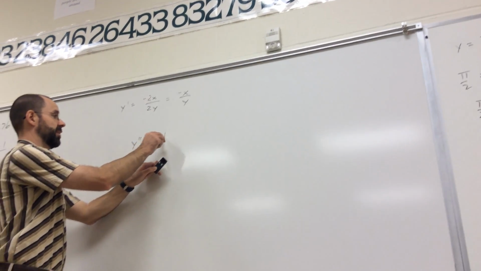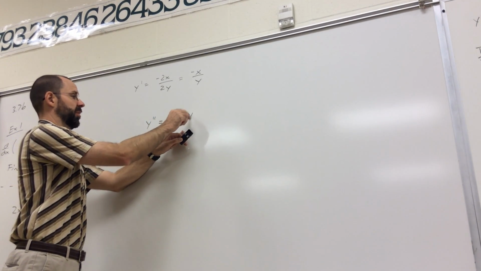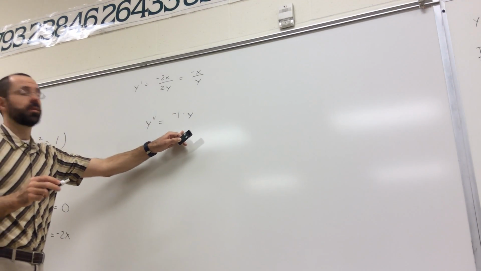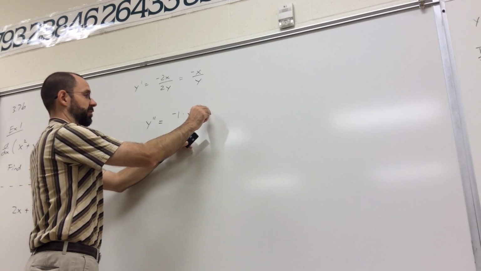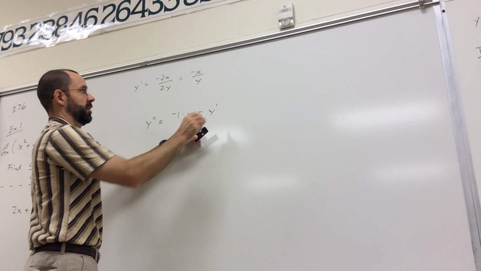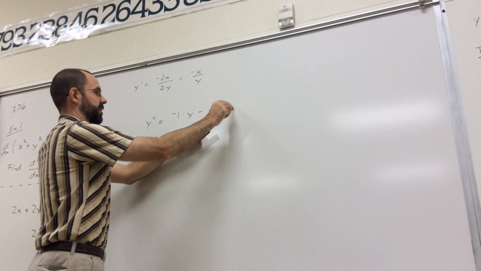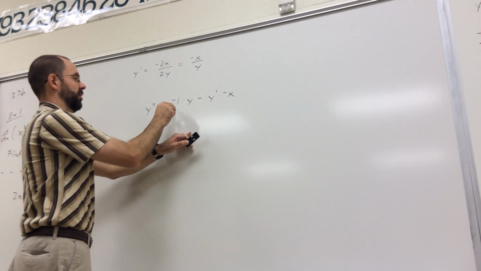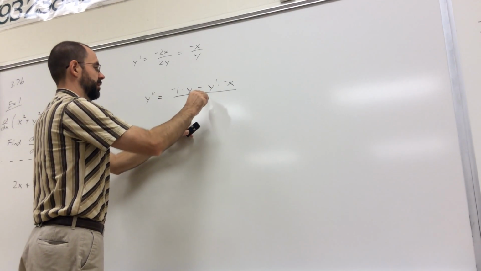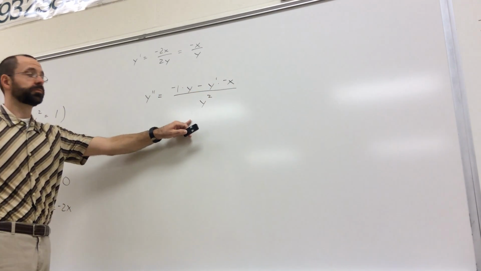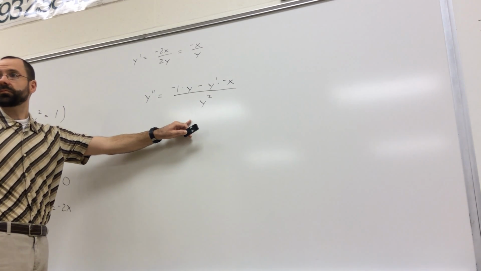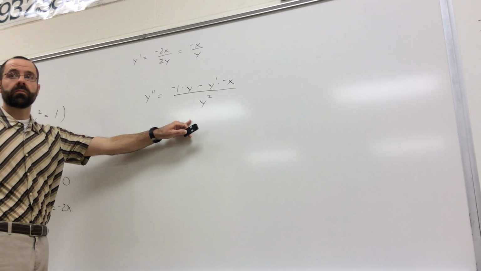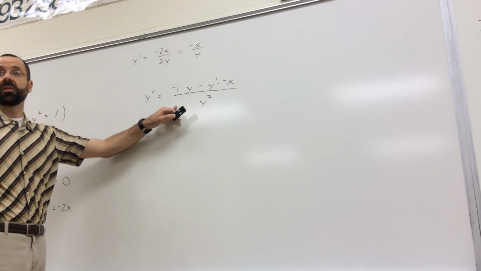So derivative of the top times the regular bottom minus derivative of bottom times regular top, and then all over the bottom squared. So there's the second derivative.